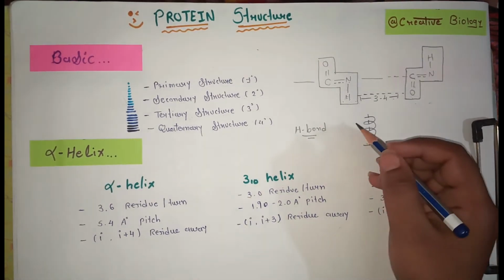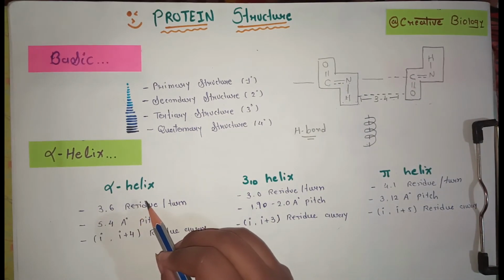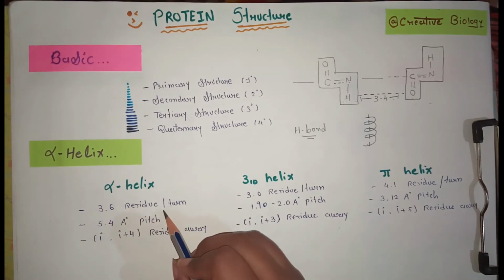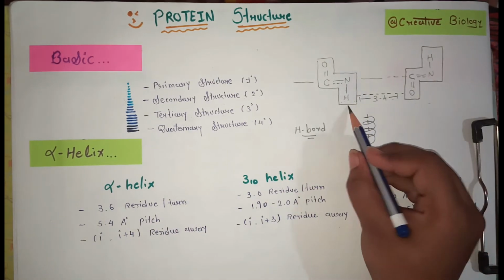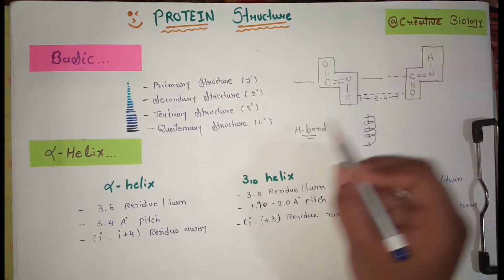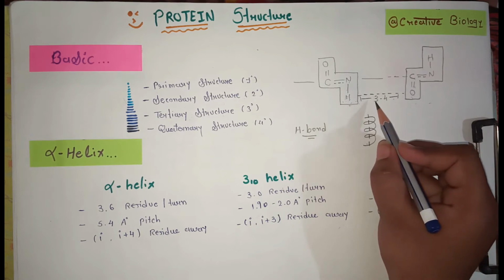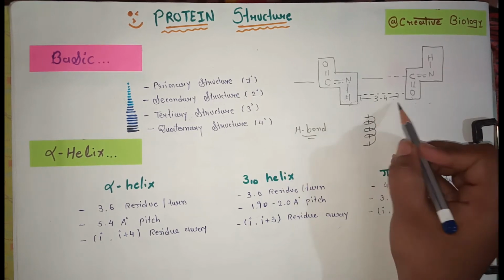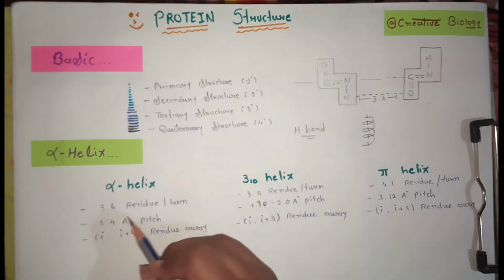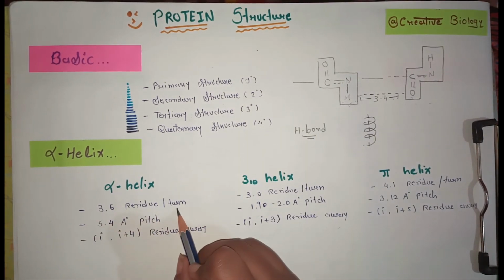So how will this alpha helical structure form? In this, the hydrogen bond, see this, is formed after 4 to 5 amino acid residues. It includes approximately 3.6 residues per turn. How is it calculated?